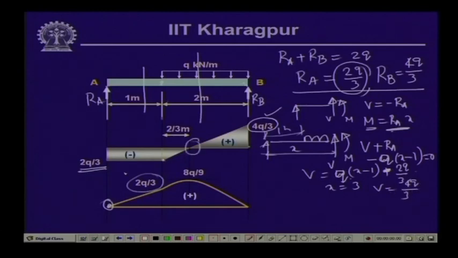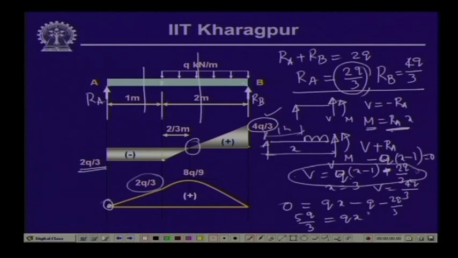So, somewhere we will have a 0 value. Now, if we substitute the shear force value as equal to 0, then we can get the value of x. So, setting V equal to 0, we get Q x minus Q minus 2 Q by 3. So, we get that 5 Q by 3 is equal to Q x.